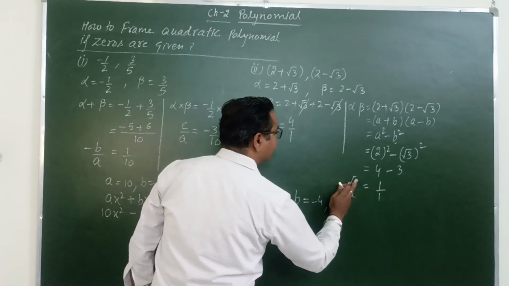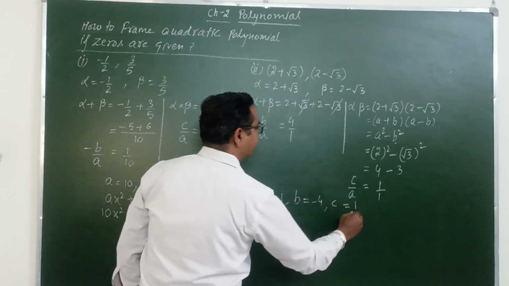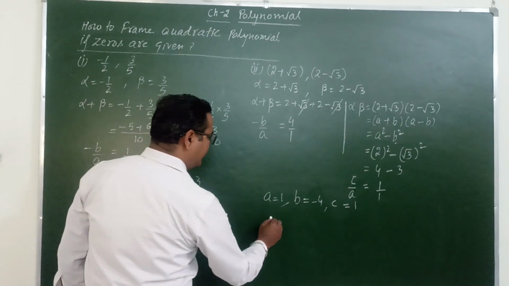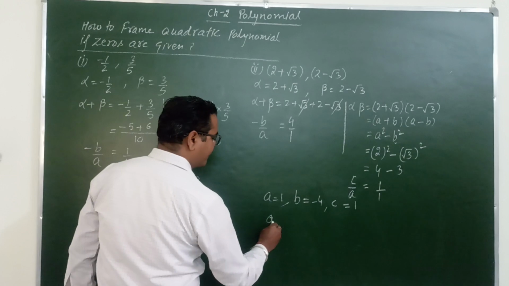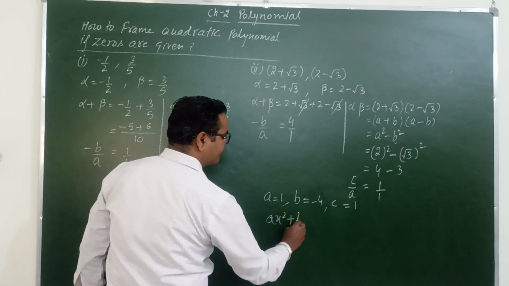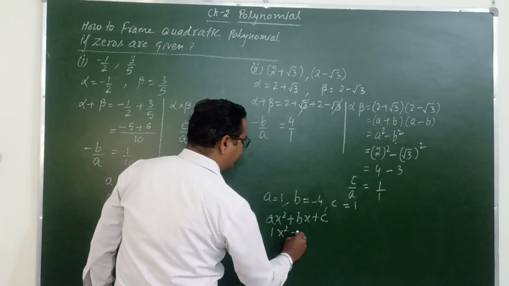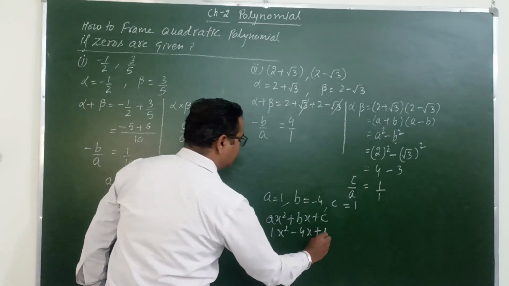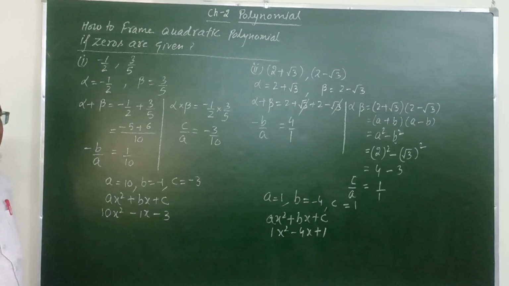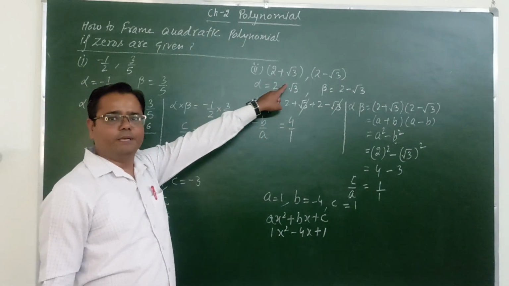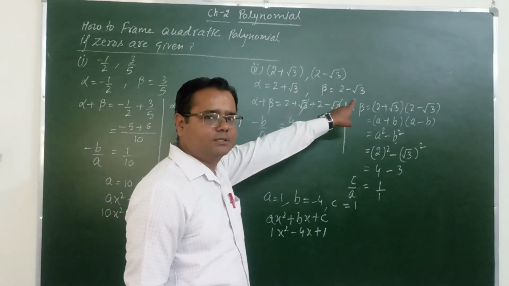And c will be 1. Standard form ax square plus bx plus c. So 1x square minus 4x plus 1 is the quadratic polynomial whose zeros are 2 plus root 3 and 2 minus root 3.